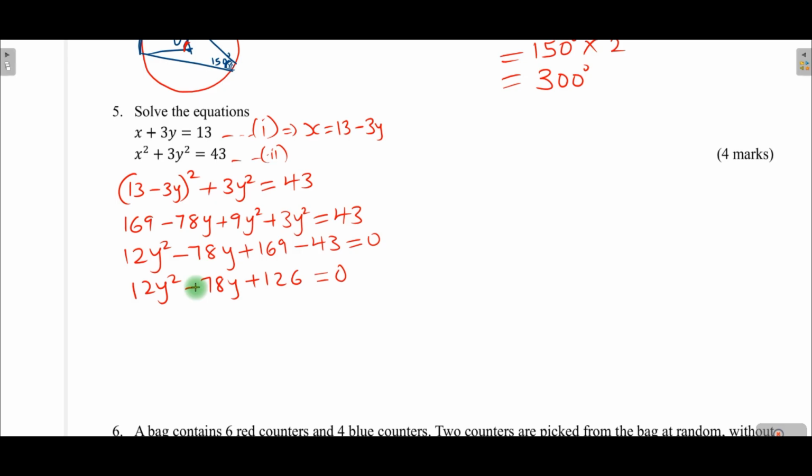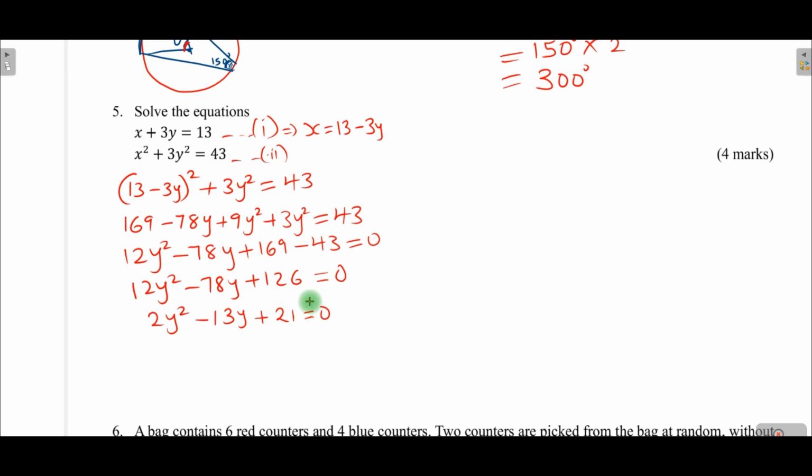So let me simplify this. I can divide through by 6. So 12y squared divided by 6, I get 2y squared. Then minus 78 divided by 6, I get minus 13y. 126 divided by 6, I get plus 21, equal to 0.